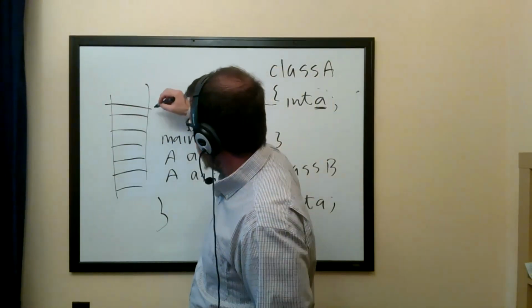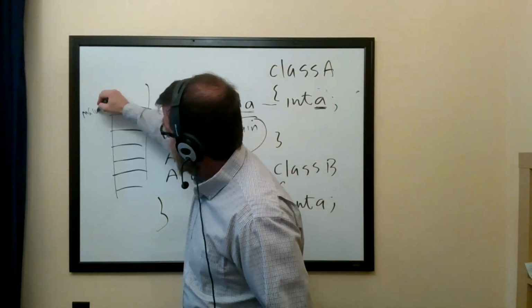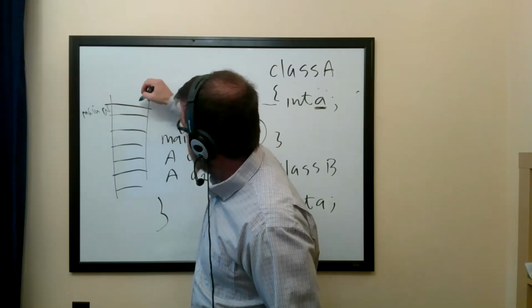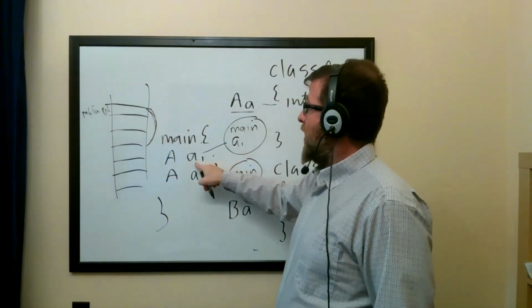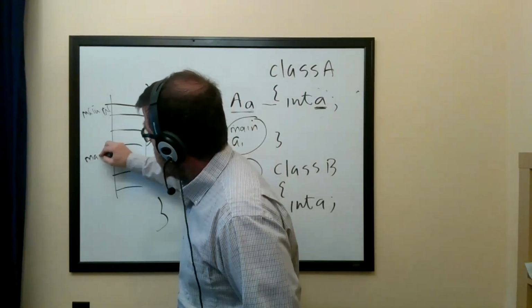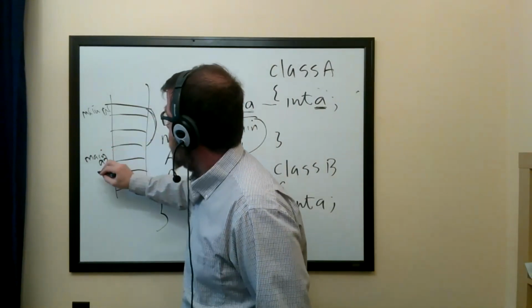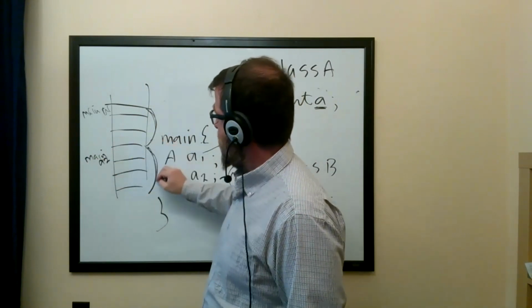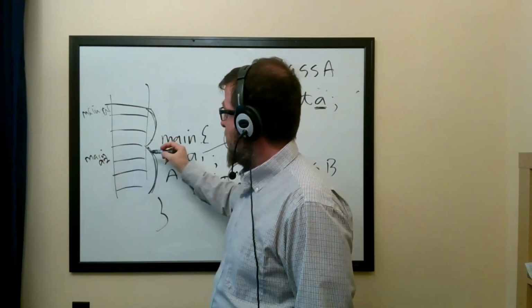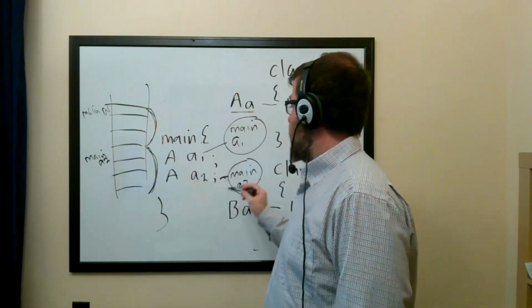So this would be main A1, which would contain the object A1. And then you would have main A2, which is the label associated with the first memory cell that refers to this object A2.